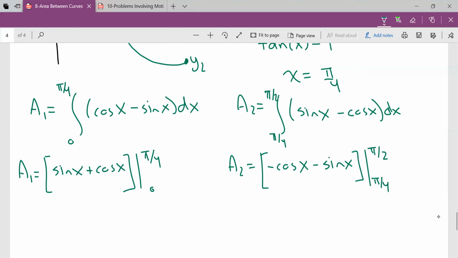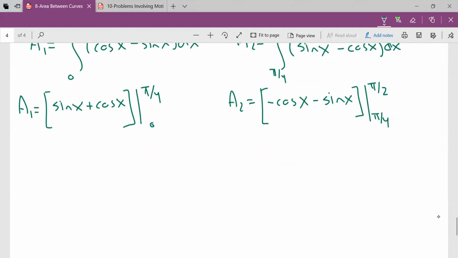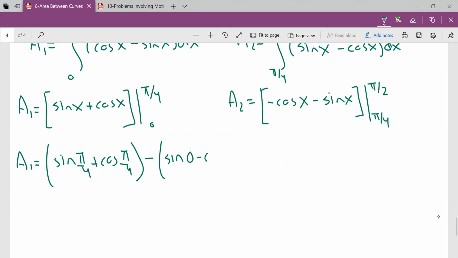Okay, and so now what do we get? Well, we just sub in these values. So we're going to get sine of pi quarter plus cos of pi quarter minus sine at 0 plus cos at 0.